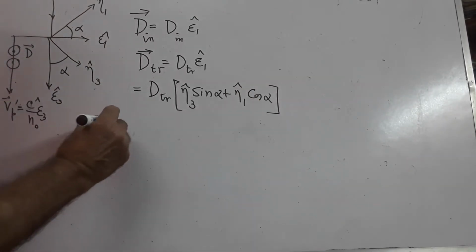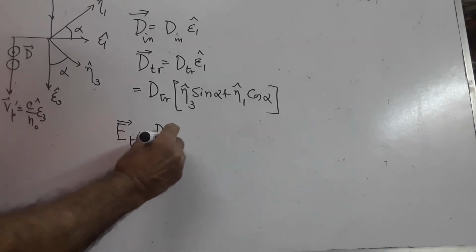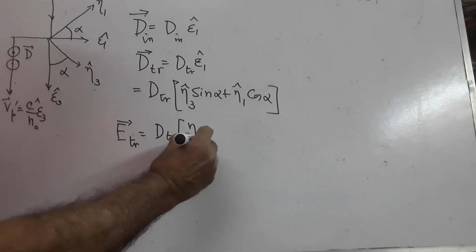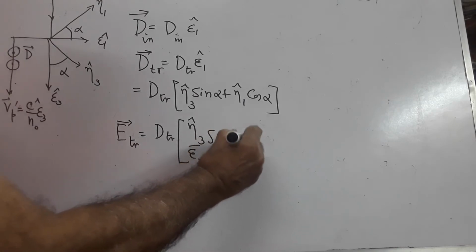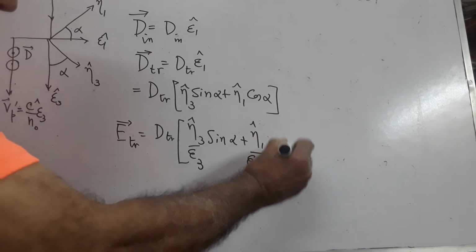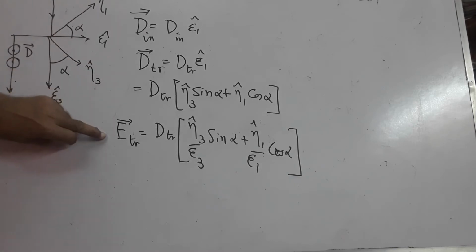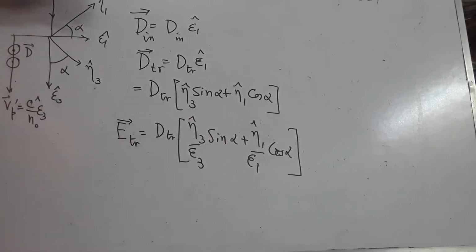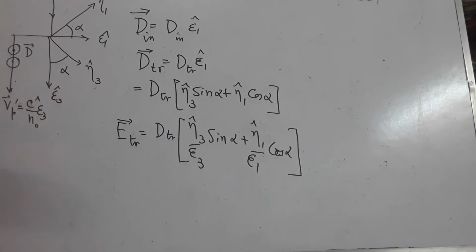So I can write my E vector now. E would be D times eta 3 by epsilon 3 sine alpha plus eta 1 by epsilon 1 cos alpha. Notice D transmitted and E transmitted lie in the eta 1 eta 3 plane, which is the same as the epsilon 1 epsilon 3 plane. So D transmitted, E transmitted and k are in the same plane, so that satisfies all the requirements.